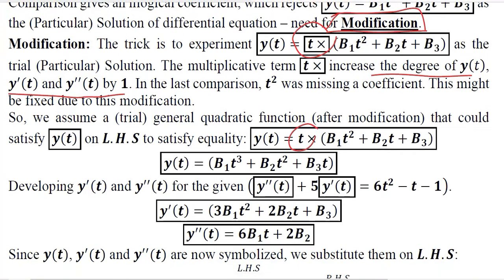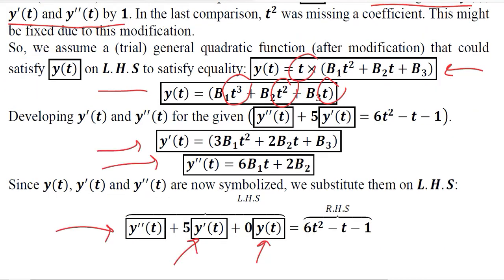We are multiplying t on this side in order to come up with a higher degree. So when we multiply t, it becomes cube, and this becomes square, and this becomes t. Now we can take the derivative of this y(t), which will be y'(t), and then the further derivative y''(t), because these are the two values that we can now substitute here, and we have substituted them.